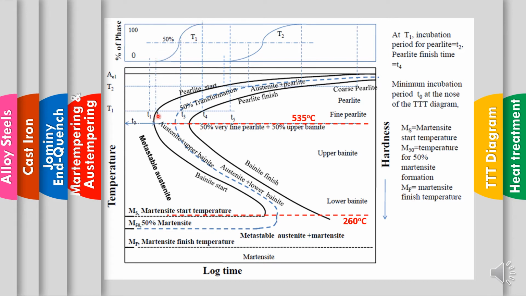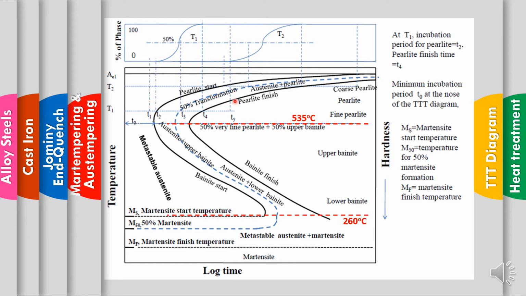Okay, in this line, if we determine the temperature line here, during cooling the transformation goes from 0% until 100% from the austenite to produce pearlite or bainite.